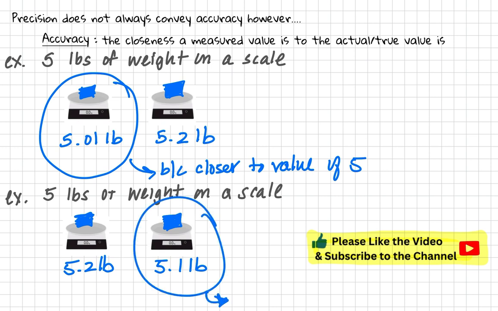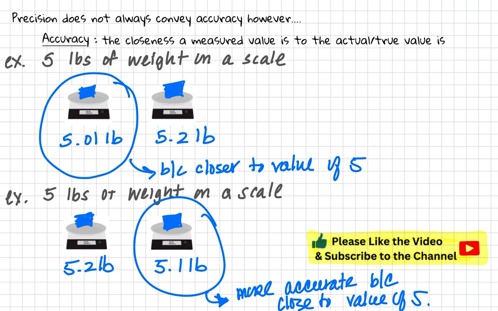So that's what makes that one more accurate, because it's close to the value of 5. So for accuracy problems, you have to look at both values that they give you and determine which is closer to the goal value.